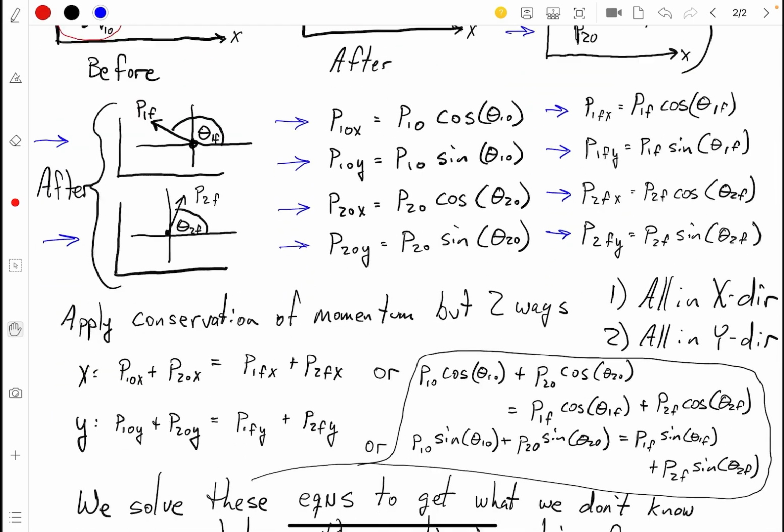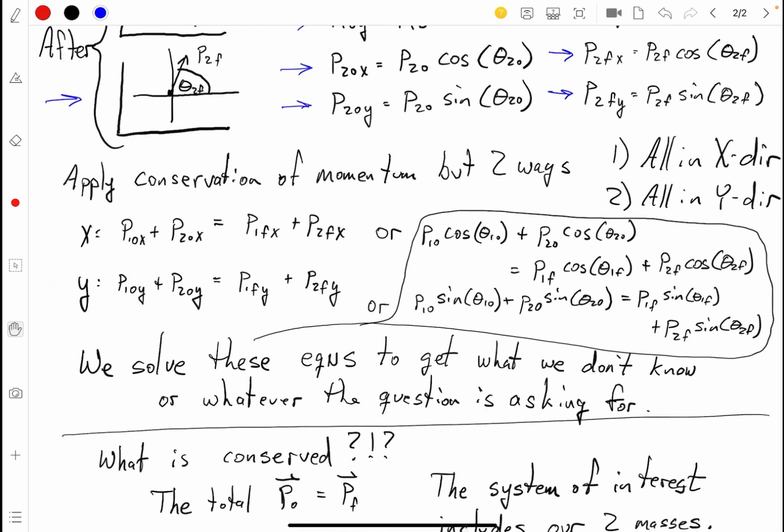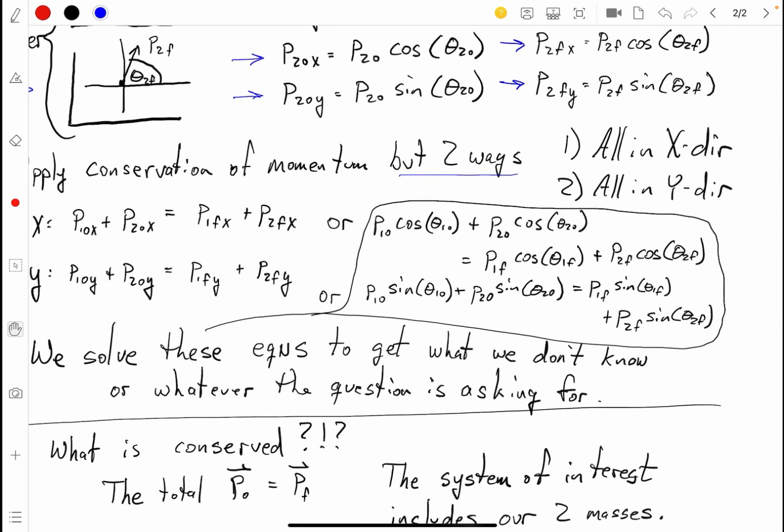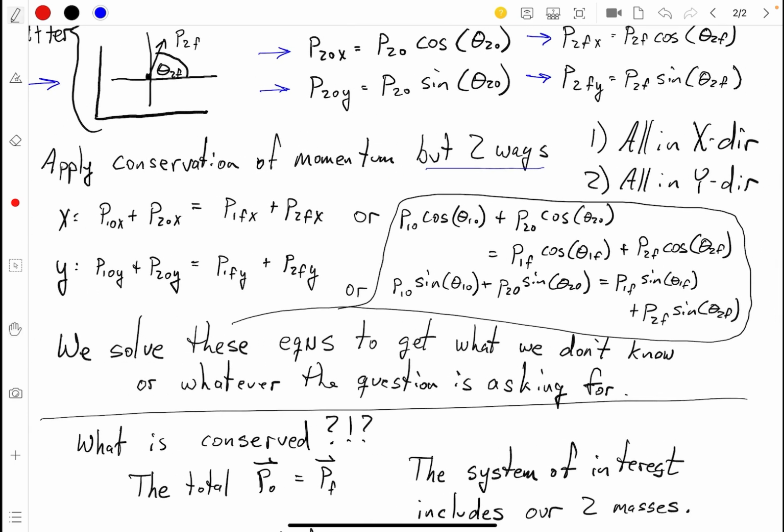And we can then apply the conservation of momentum, but we have to do it in two ways. You have to do all of the x, and we've got to do all of the y.